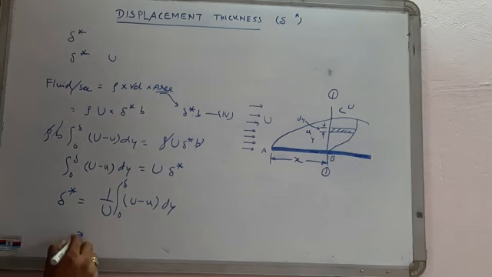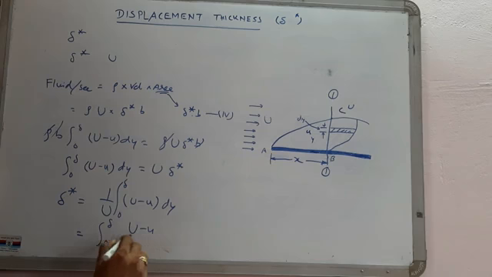That is equal to integration 0 to del, (U minus u) by U, where this is also capital U, the free flow velocity, dy.